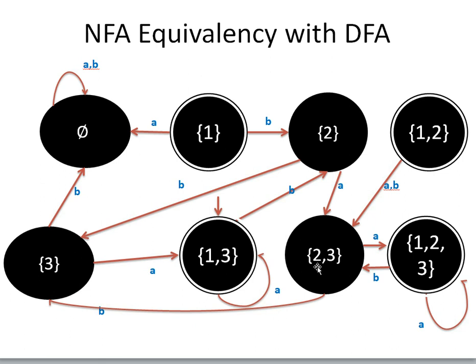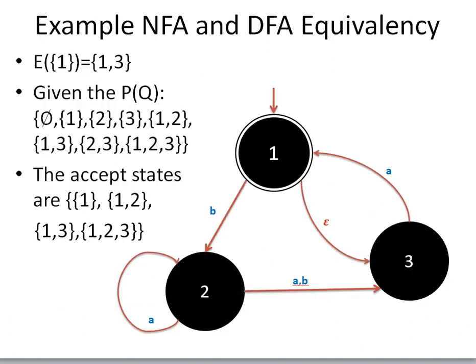So now let's see here, for example, 2 and 3. What happens with 2 and 3? So we'll see, where does 2 go with A? It goes to 2 and 3. Okay, so where does 3 go to given A? It goes to 1 and also back to 3.